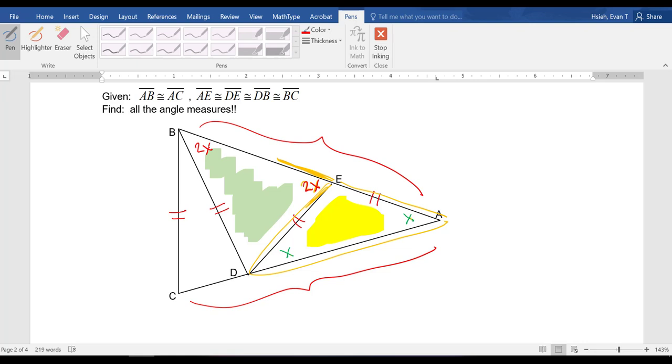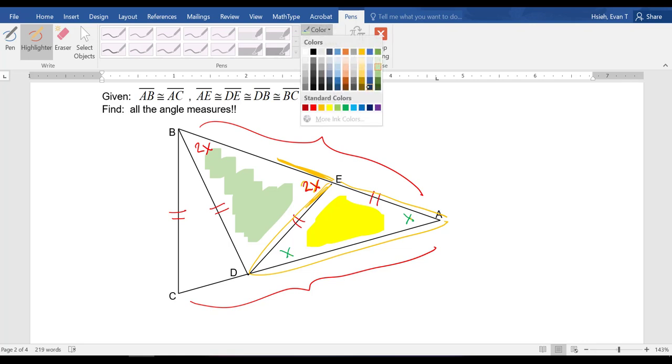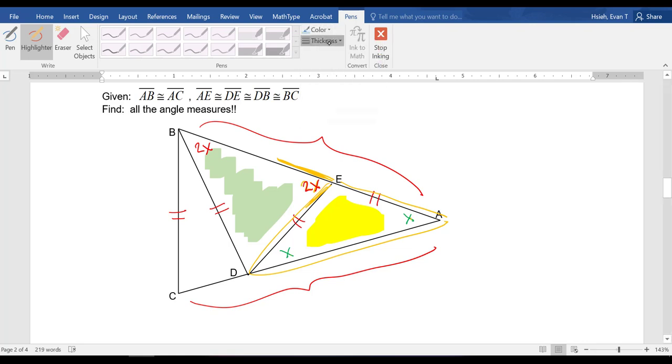Next, let's focus on the next triangle here. If I focus on this triangle right here and extend this out, this angle right here is the exterior angle for the blue triangle.